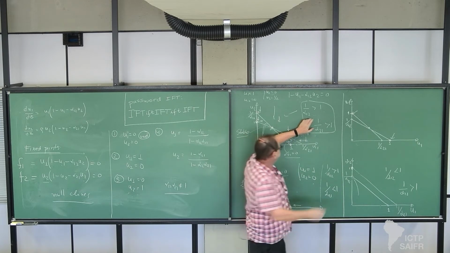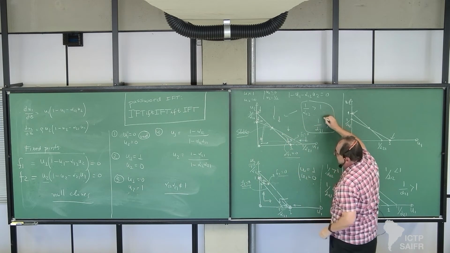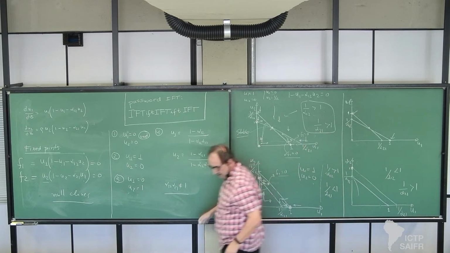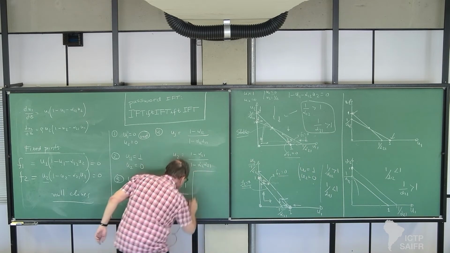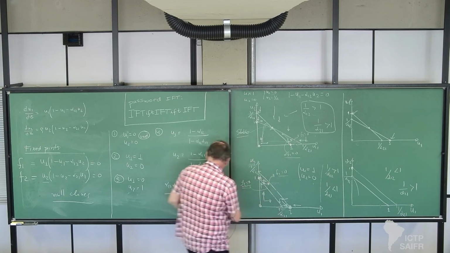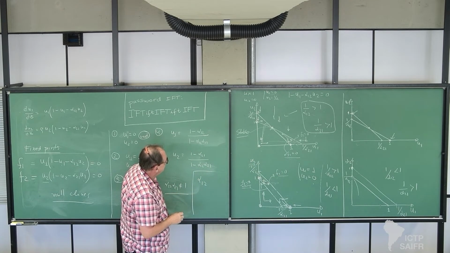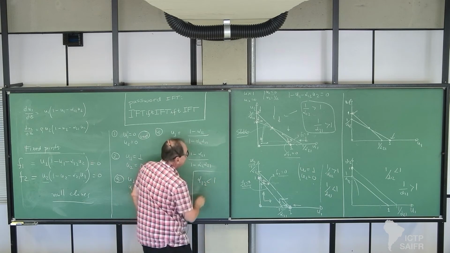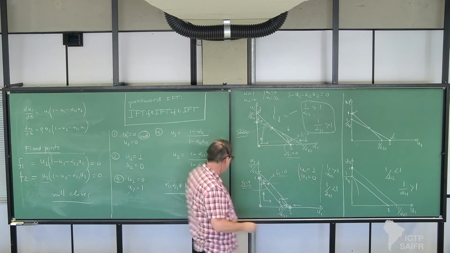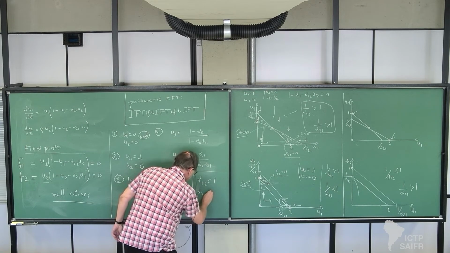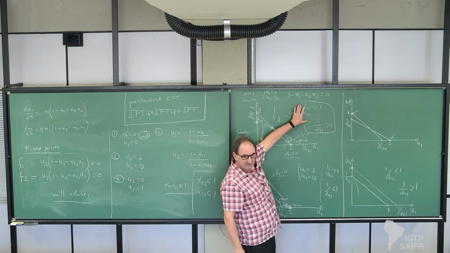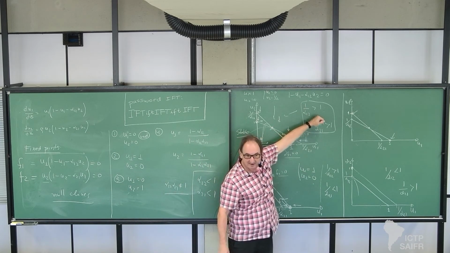So if you write this again here, let me put it here. This means alpha 1,2 is smaller than 1, and alpha 2,1 is also smaller than 1 here. I'm just inverting here.